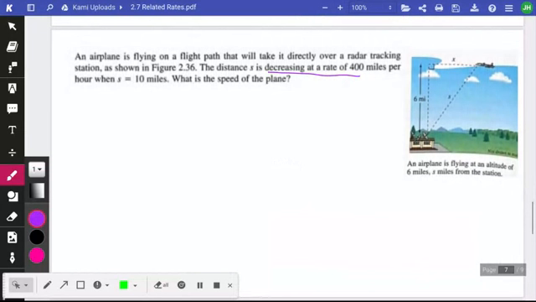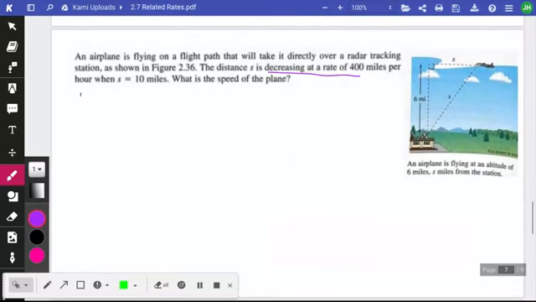If you look at this, it is a right triangle. Okay. We know a lot about right triangles. We know that if I have a right triangle, the sum of its shorter sides squared each and added is equal to the hypotenuse squared. So that would be an equation that would connect my distance x, my s, which is the distance from the plane to the radar station itself, and then I have the actual height of the airplane, which is 6.